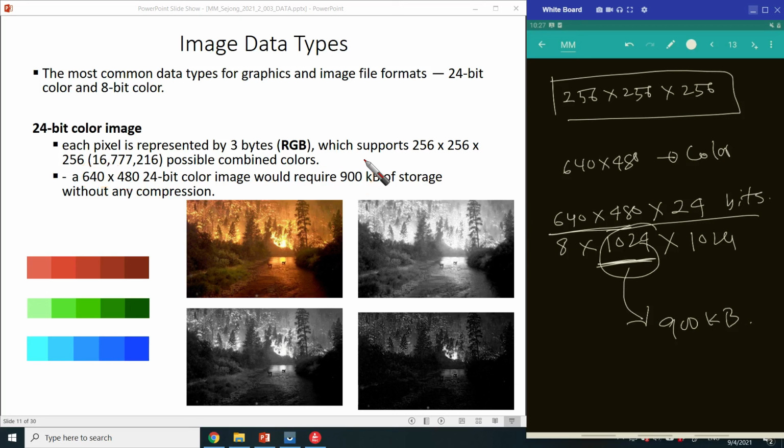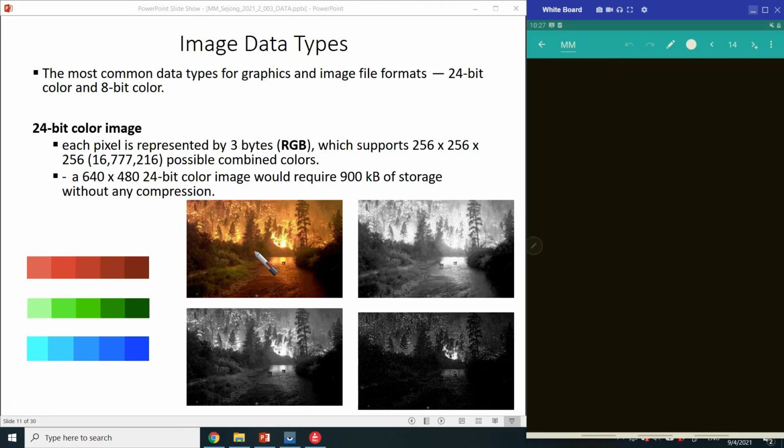So you see this one, let's say, is a photo of a forest fire. Definitely it has pixels: there is a pixel, there is a pixel, and as you go down there is a pixel. So this is an array of pixels. Now for each pixel you have a red part, green part, and blue part, right?